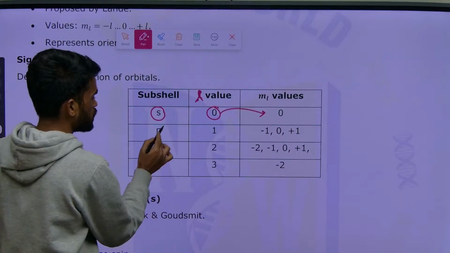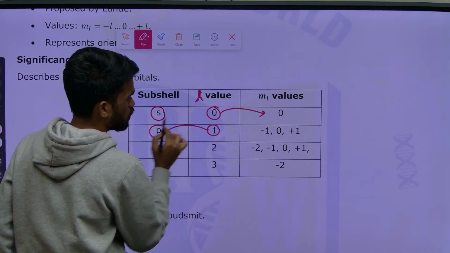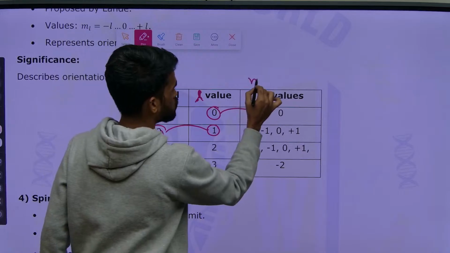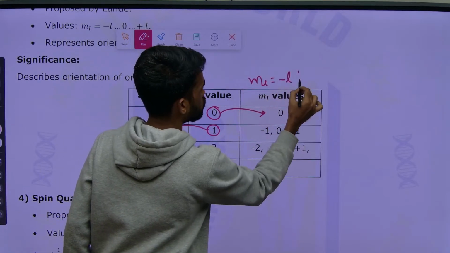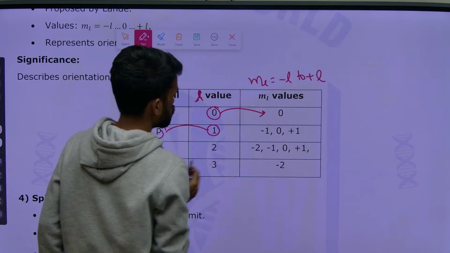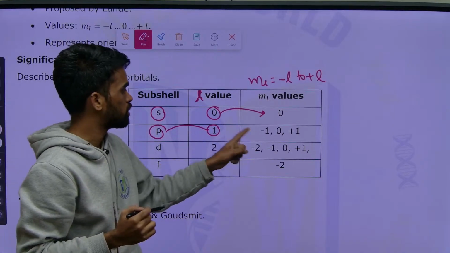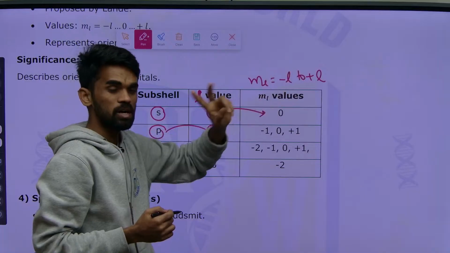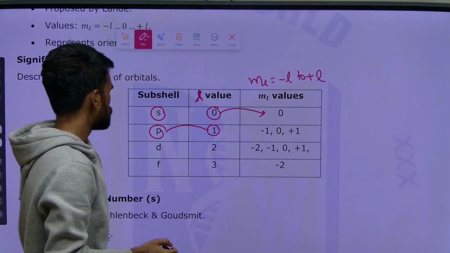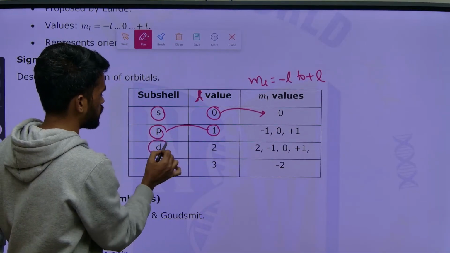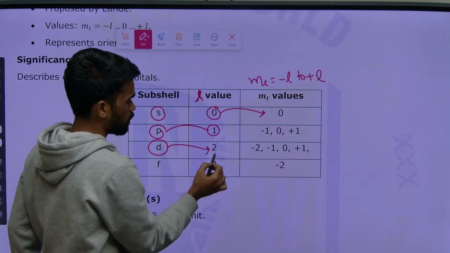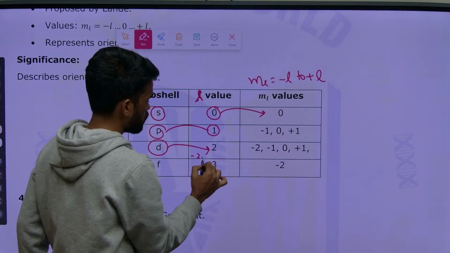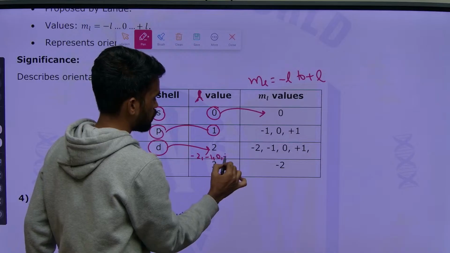For P subshell, L equals 1, so ml values will be minus L to plus L. So minus 1, 0, plus 1, because between minus L and plus L we have a 0. When L equals 2, that is for d orbital, the possible numbers are minus 2, minus 1, 0, plus 1, plus 2.